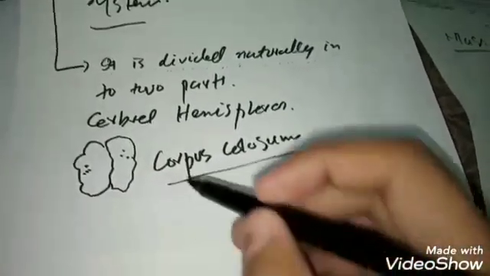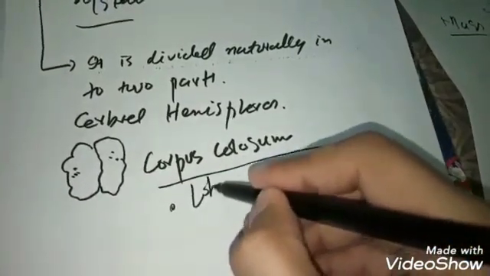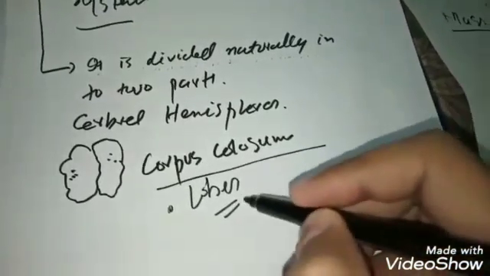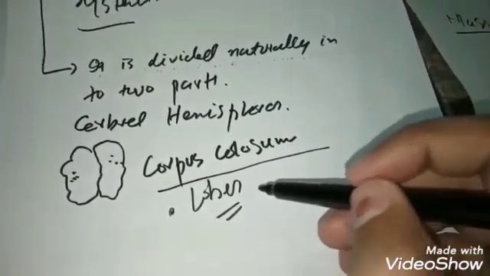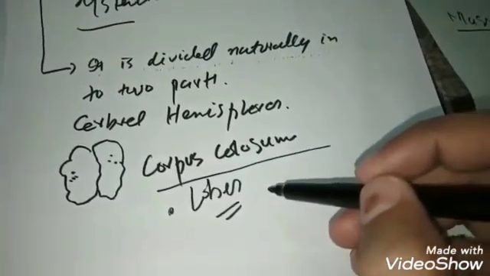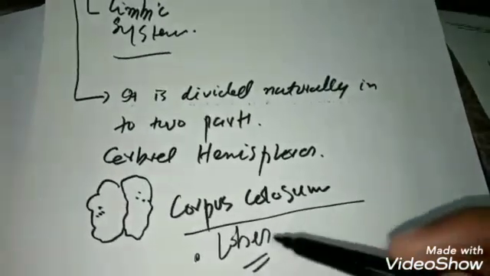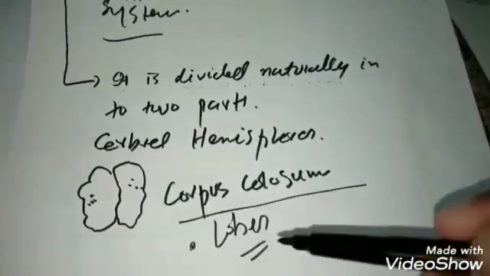The cerebrum is also divided into four lobes: frontal lobe, occipital lobe, parietal lobe, and temporal lobe. We will talk about these lobes in the next lecture.